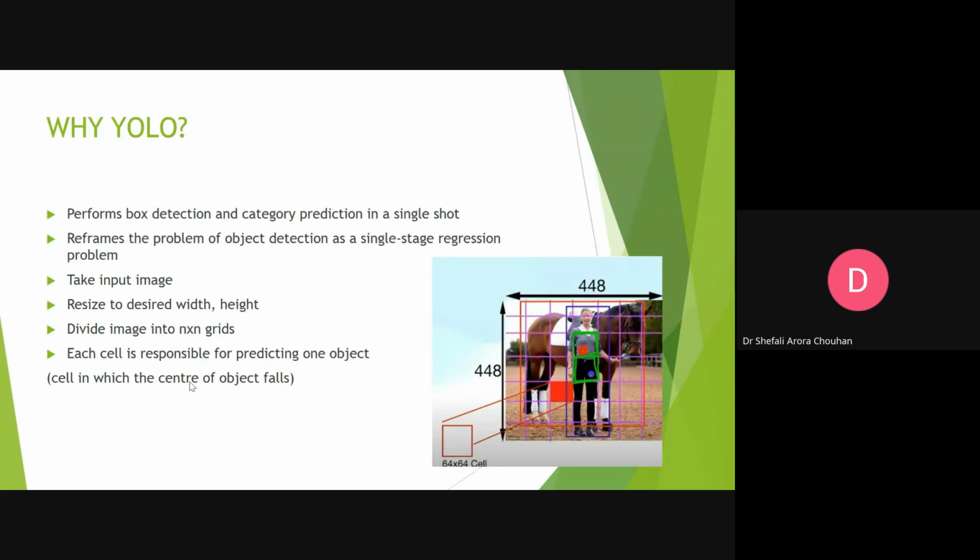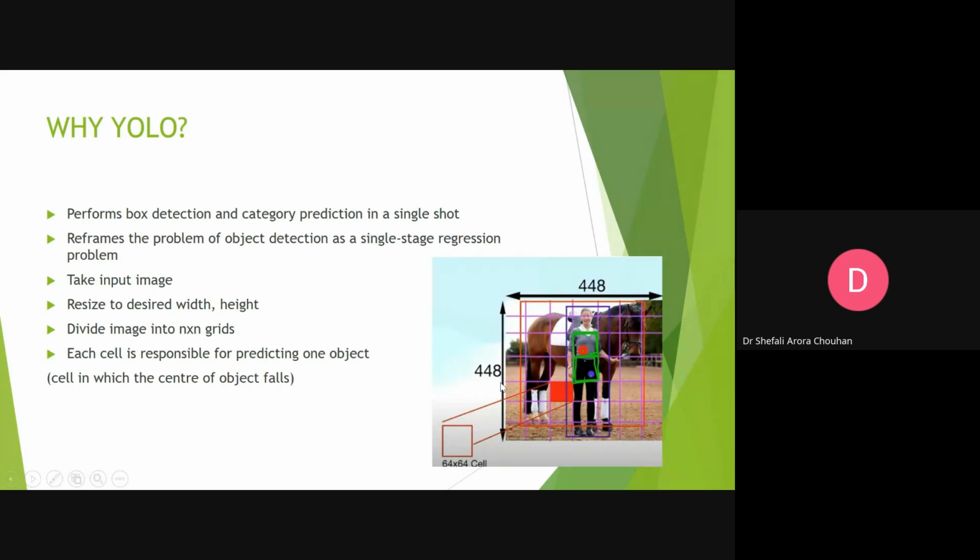Now the concept behind YOLO is that each cell will be responsible for predicting one object, whatever object is there within it. So it is responsible for predicting whatever object is there relative to the center of the cell. So each cell, as you can see here, is this 64 cross 64 cell, because this 448 cross 448 image gets divided into 7 grids.